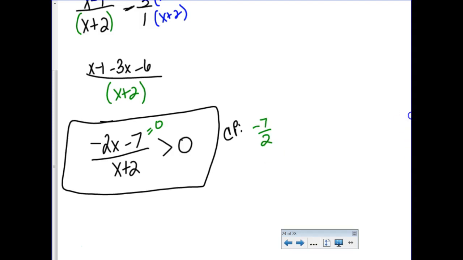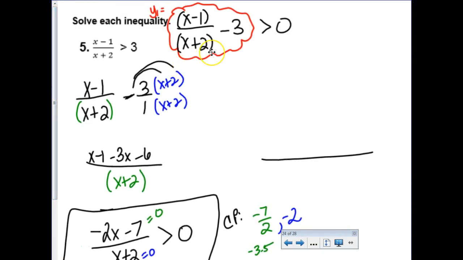And then if you set your denominator equal to 0, you'd get negative 2. Now, those of you who aren't fans of fractions anymore, negative 7/2 is negative 3.5. You all just graphed it on your calculator, but remember which version you graphed? You graphed this version. Are you seeing something happening at negative 3.5? And does it look like it crosses the x-axis at negative 3.5? Because if it doesn't, then we've made a mistake.